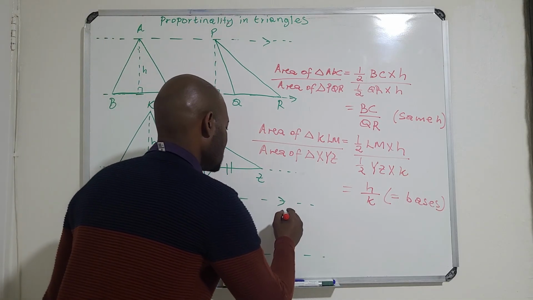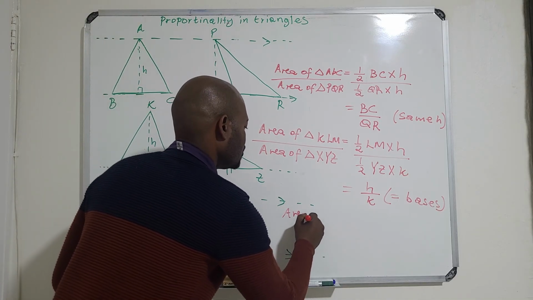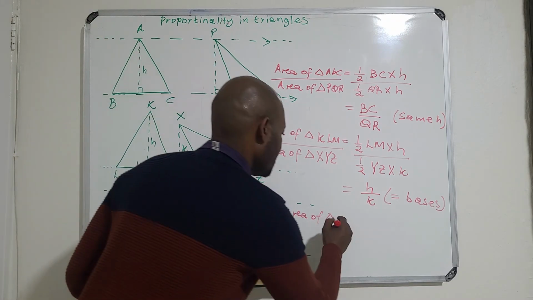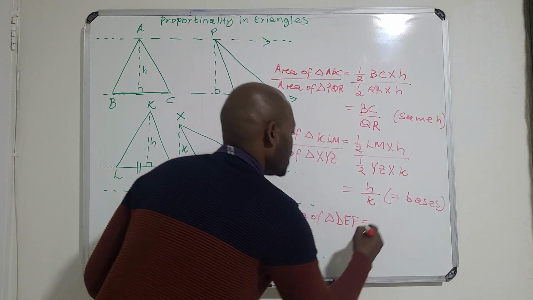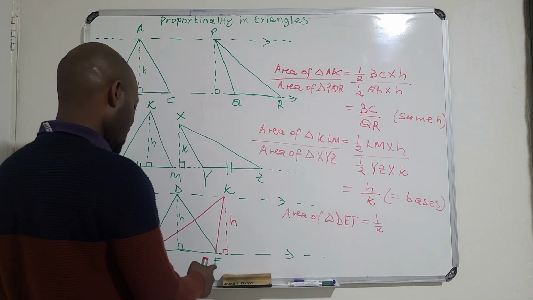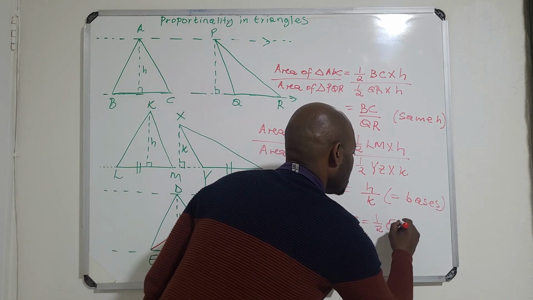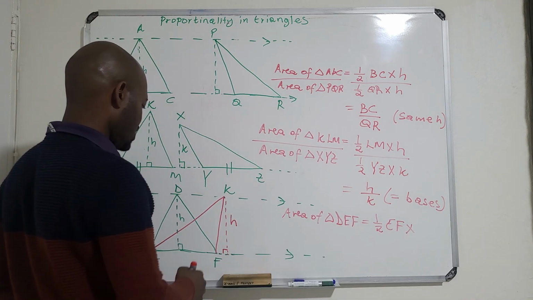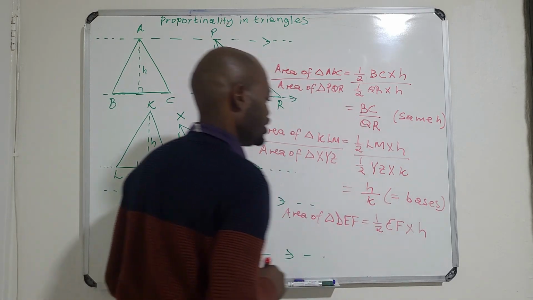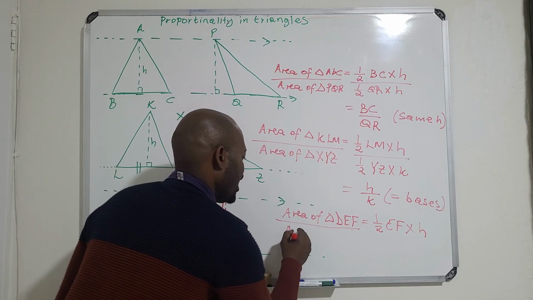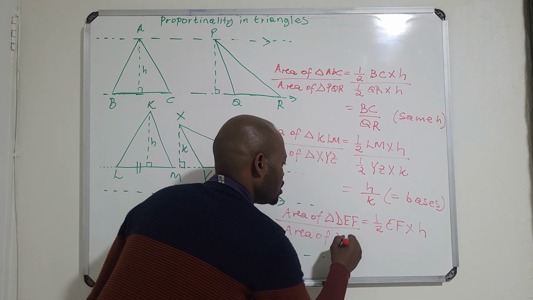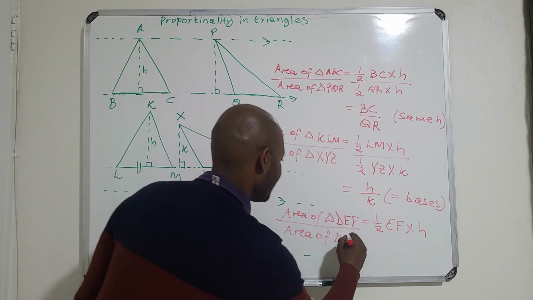We know that the area of triangle DEF is equal to half our base here, which is EF, times our height for triangle DEF, which is H, over the area of triangle KEF.